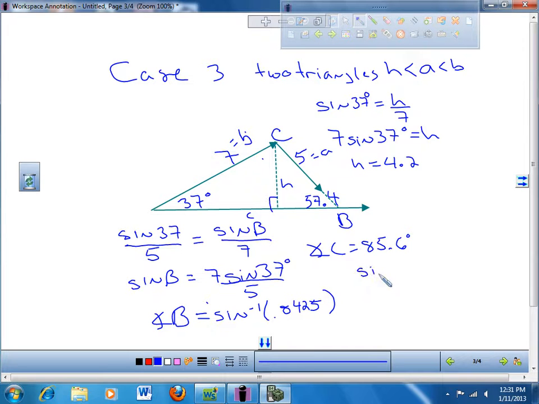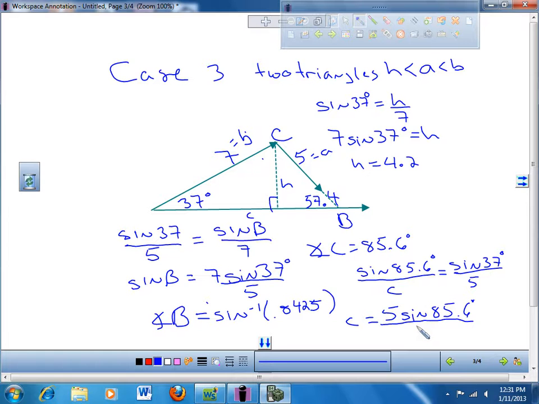And then to find side little c, which is this side from here to here, I can now go sine of 85.6 is to c as sine of 37 is to 5. And then I cross multiply and divide, and I get c equals 5 sine 85.6 divided by sine of 37.